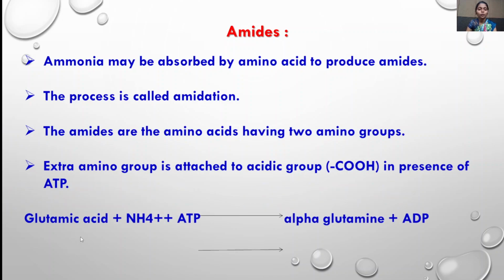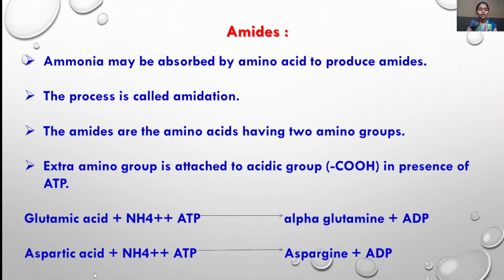The reaction of glutamic acid plus NH4 plus ATP is converted into glutamine plus ADP, adenosine diphosphate, and aspartic acid is converted into asparagine plus ADP. Moves to the next slide.